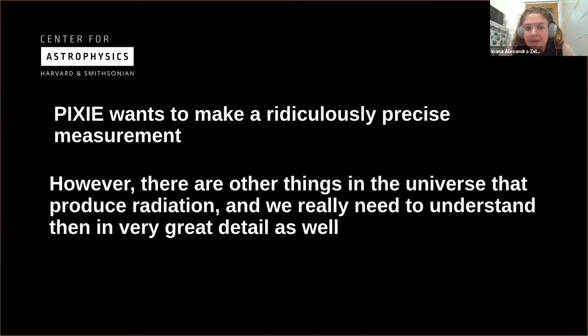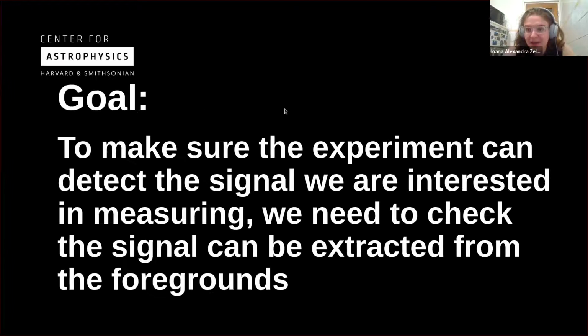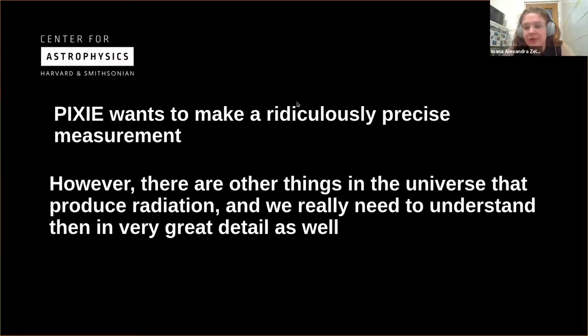So basically, a satellite like PIXI would like to make a ridiculously precise measurement of the spectrum of the CMB, so precise that it would be able to get at these spectral distortions, which are very, very dim. So the tough part of the problem is that there are other things in the universe that produce radiation.